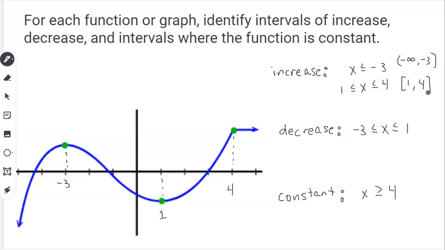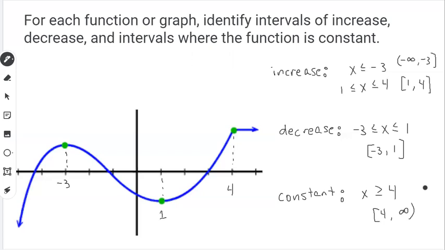So that would be the interval between 1 and 4. The function is also increasing. The function is decreasing from -3 to +1. So we can write this as from -3 to +1, the function is decreasing, and the function is going to be constant from 4 going all the way to the right. So that would be positive infinity. So that's just another way you can write these intervals.